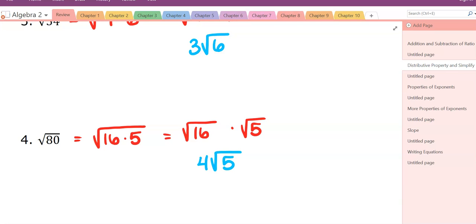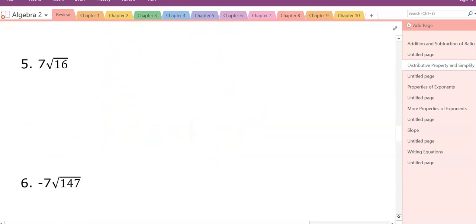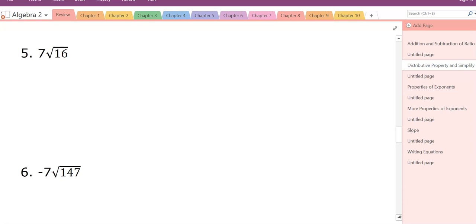Now if you have a term that's sitting outside of the square root sign, like number 5 and number 6, we've got these numbers sitting out front. What happens here is you square root whatever you can, and you're going to have to multiply that by what's sitting in the front. So the square root of 16 is going to be 4, so we're going to have to take 7 times 4 for number 5, which is going to be 28.